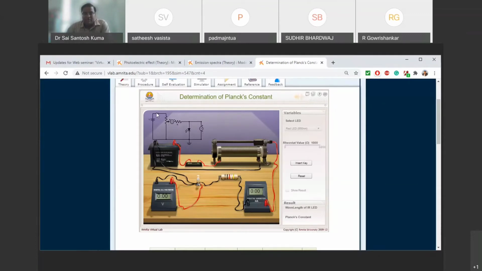Just follow this circuit so you know where to connect what. Now you insert the key.